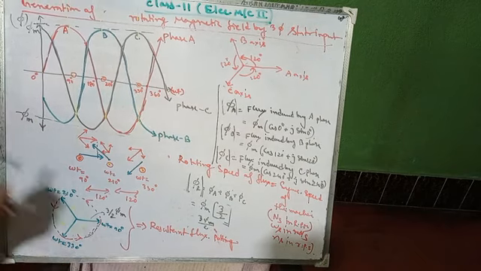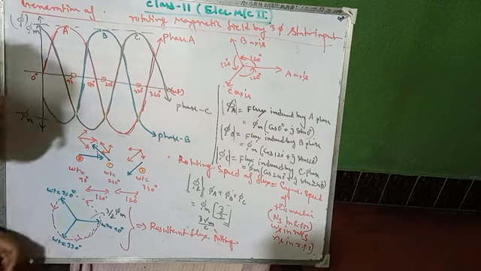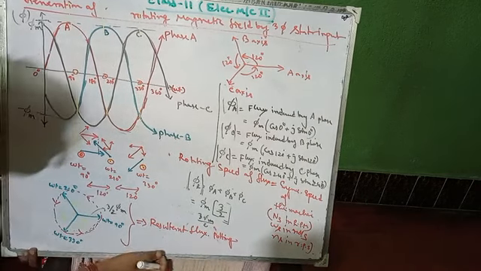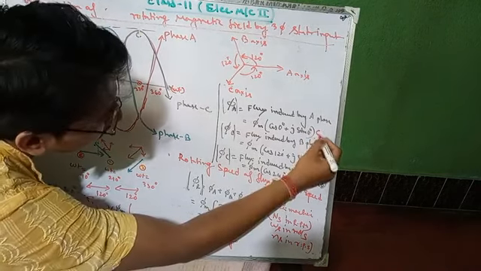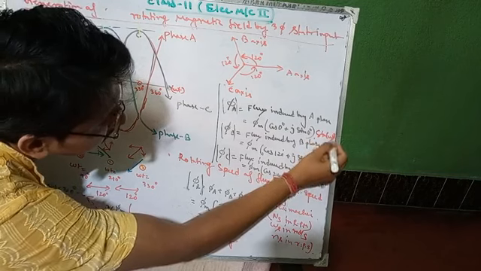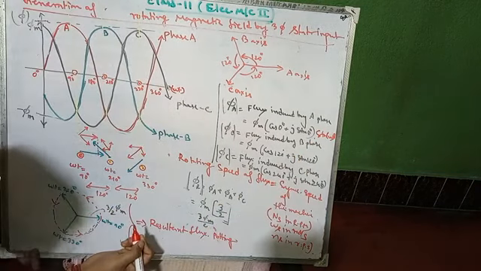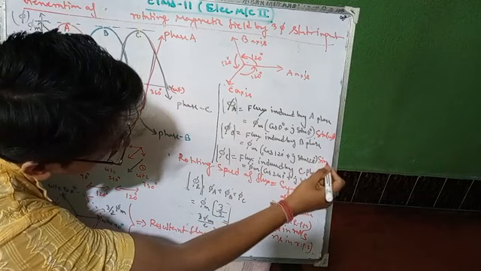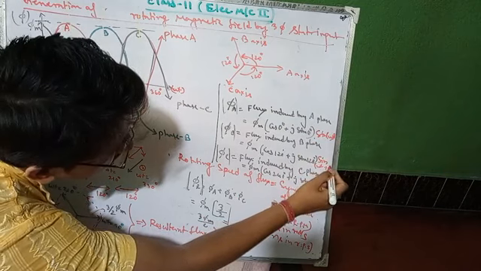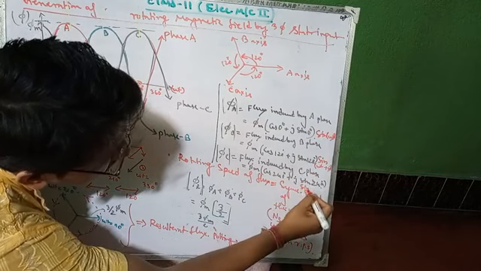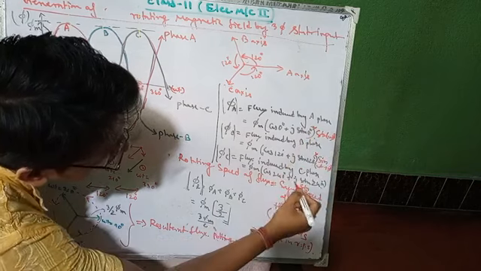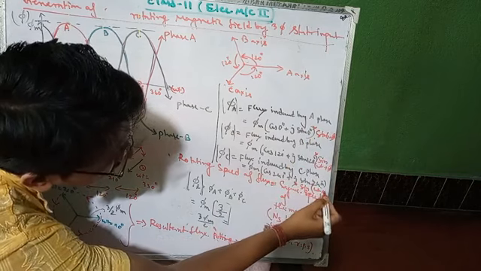Okay. So if we want to find the phasor quantity, then you have to add sine omega t over here, here sine omega t minus 120 degree, and here sine omega t minus 240 degree.